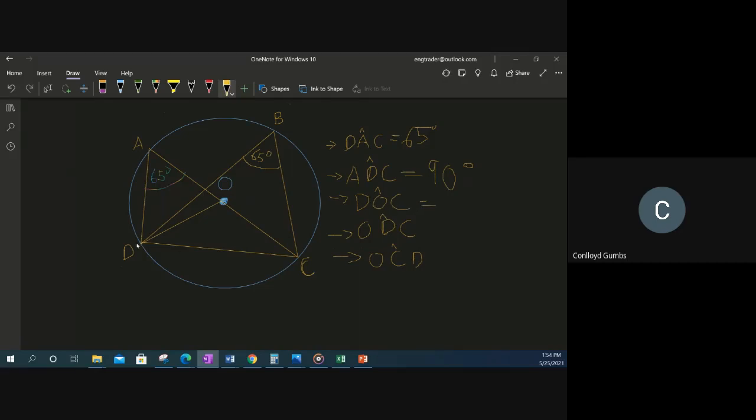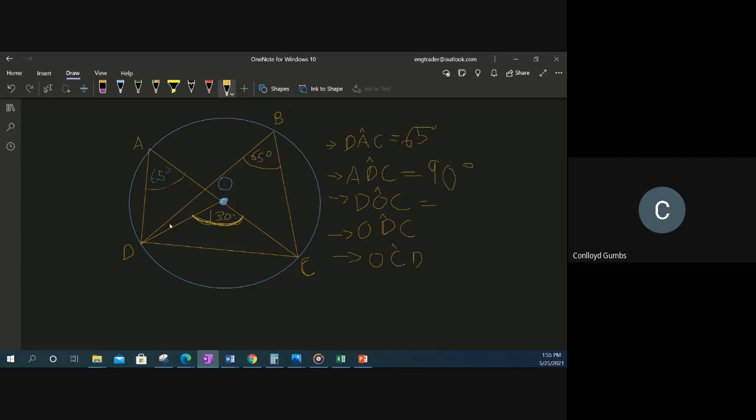Next one, DOC. So how can we figure out this one? Now, if you look at that, this one has many different variations. This here is 65, so that has to be double with this, which is 130. You could also look at it from this point of view here.